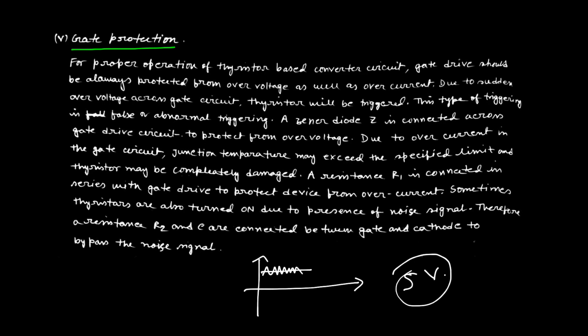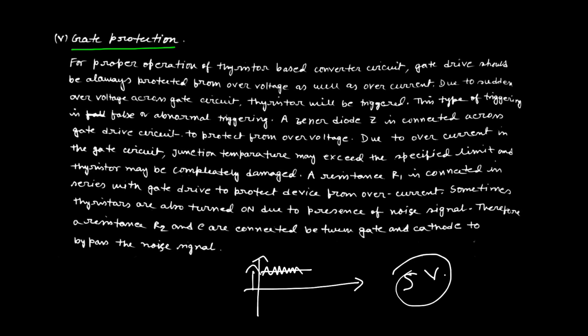But due to the presence of this unwanted signal or noise signal, this magnitude can vary, maybe 2 volt to 5 volt, maybe 3 volt to 5 volt. That means I am not applying 5 volt to the gate triggering circuit, but due to the peak of the unwanted signal, it can reach 5 volt. Then the gate can be fired at any instant.